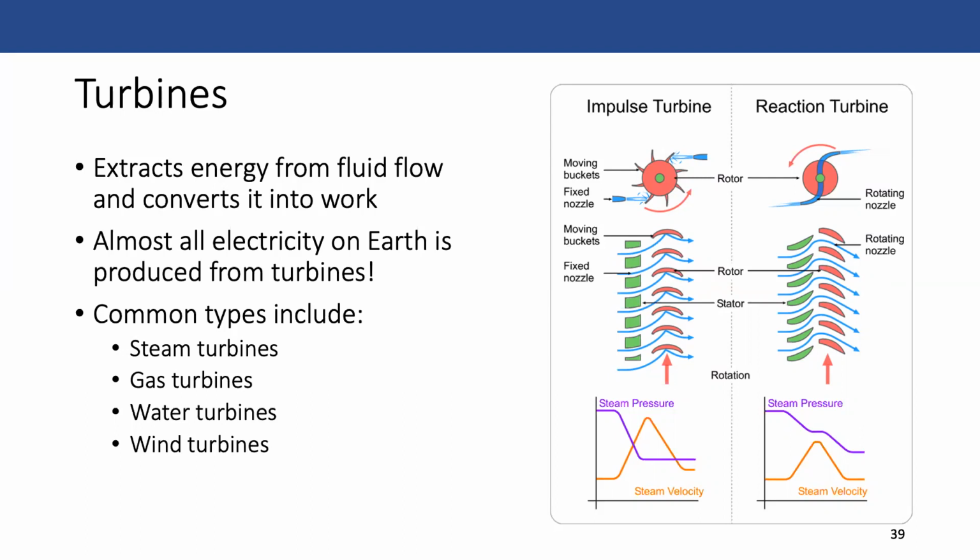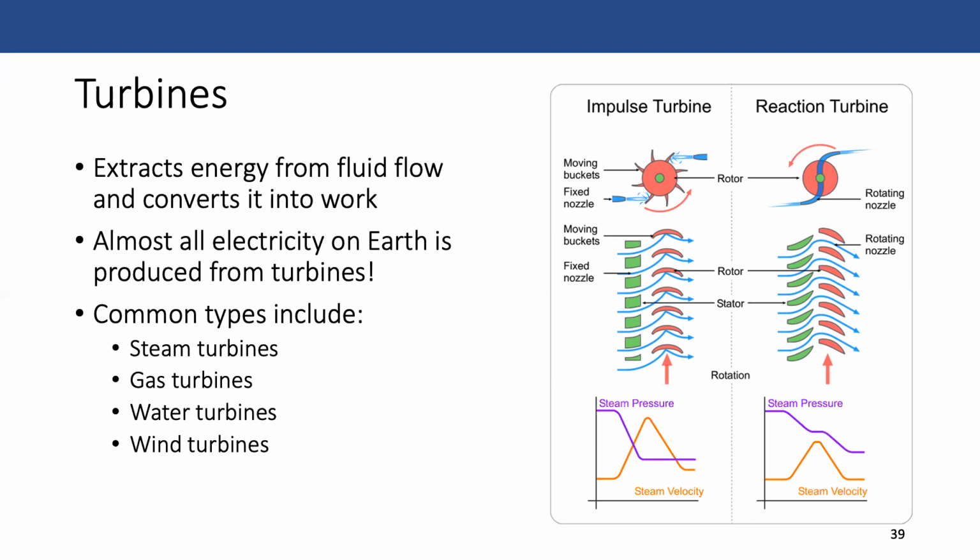Essentially, this extracts energy from fluid flow and converts it into work. Almost all electricity on Earth, whether we're talking about coal or natural gas, or even burning oil power plants or nuclear power plants or even wind turbines, comes from spinning something.